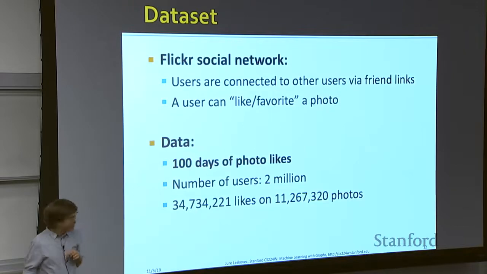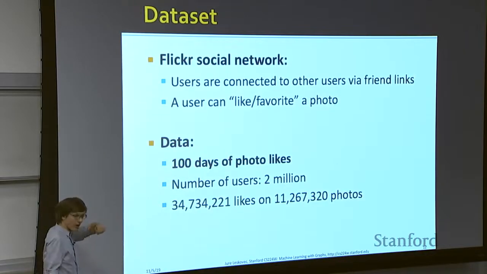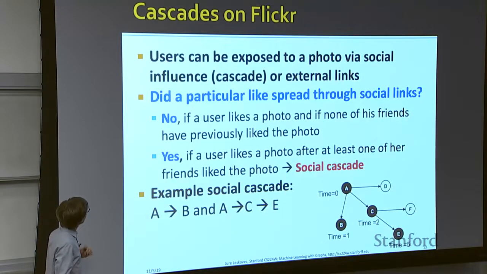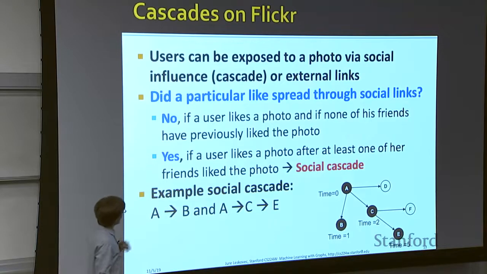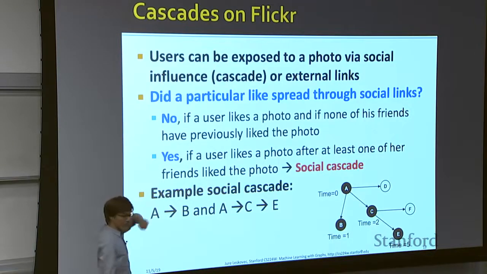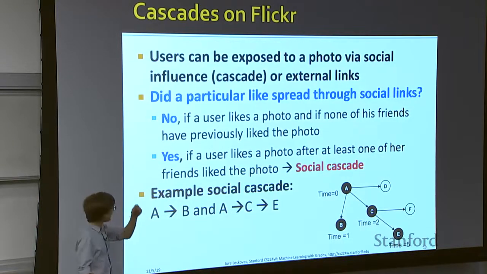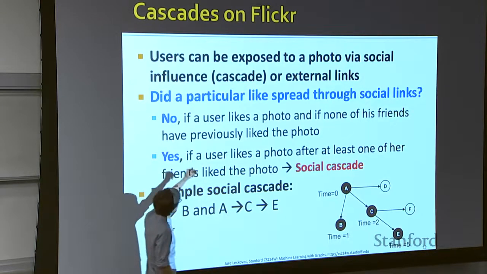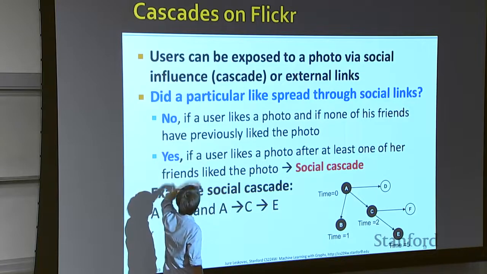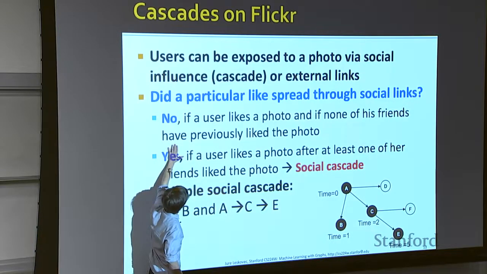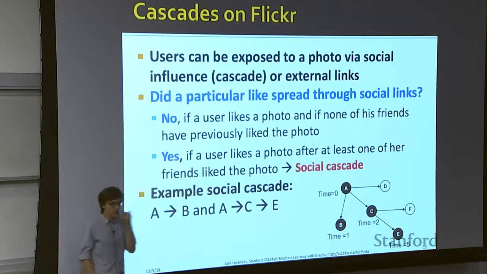The way the cascading process of liking photos looks is the following. The question is, did a particular like, favorite, or heart spread through the social link? If a user likes a photo and none of their friends have previously liked the photo, then this was not social contagion.